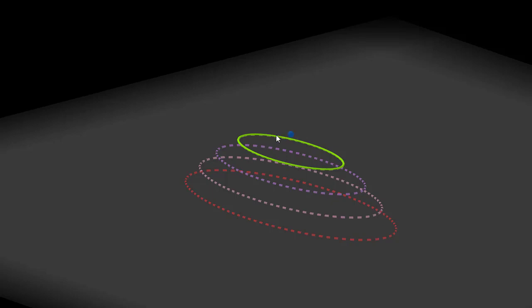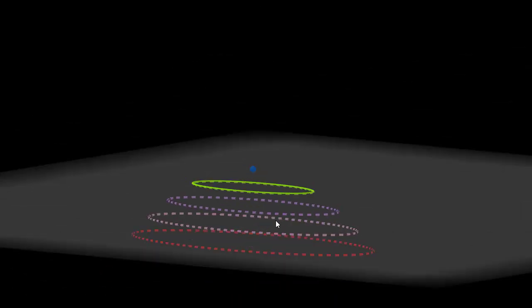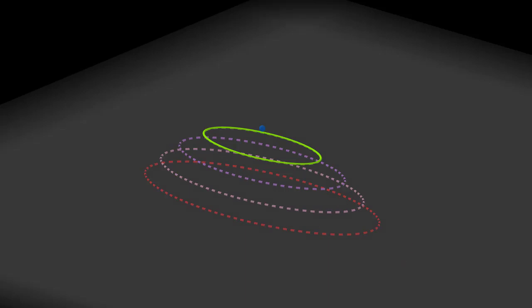This blue point is above it, this green curve is on it, and the others are below it. Okay. So I'll bring the axes back, and then let's take a look at the surface itself.